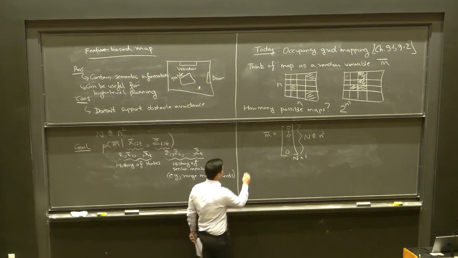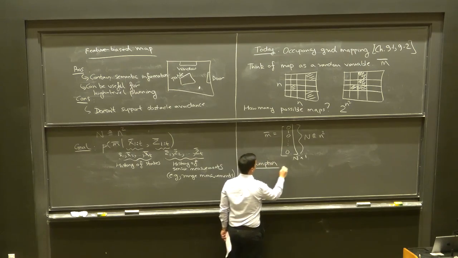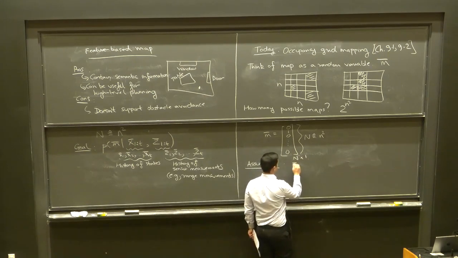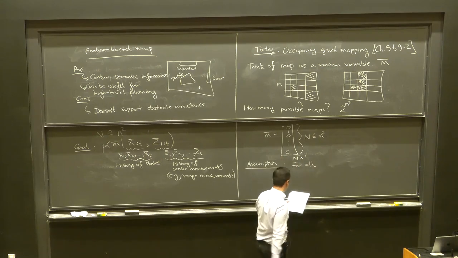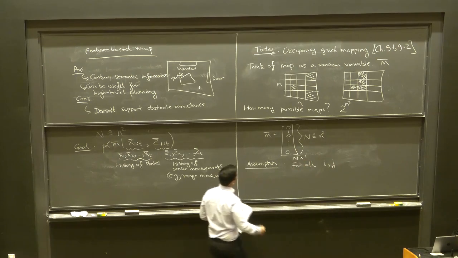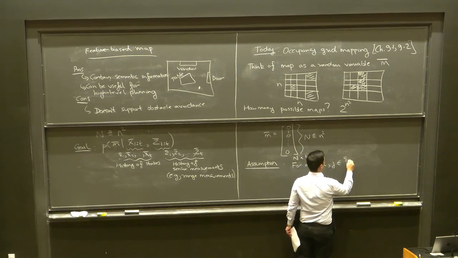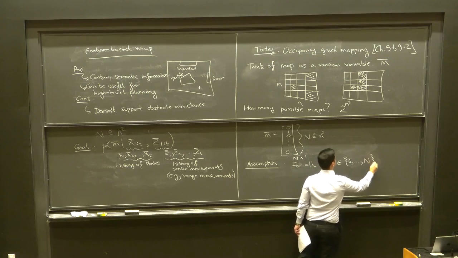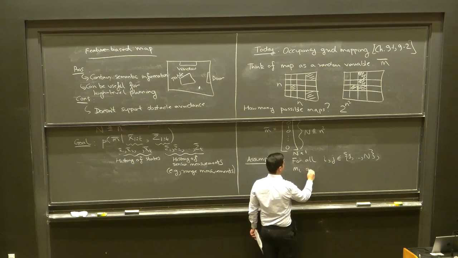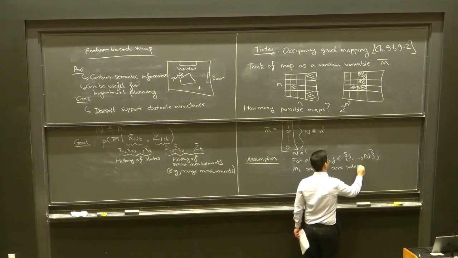Now we're going to make a big assumption, which is going to be the key to making things computationally efficient: for all i and j, indices ranging from 1 through capital N, we're going to assume that mi and mj are independent random variables.